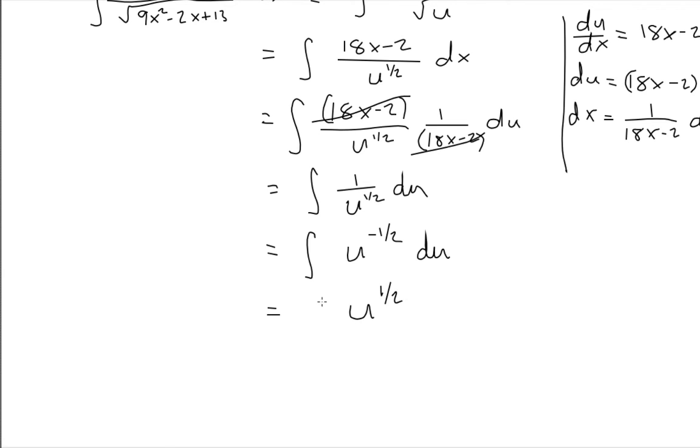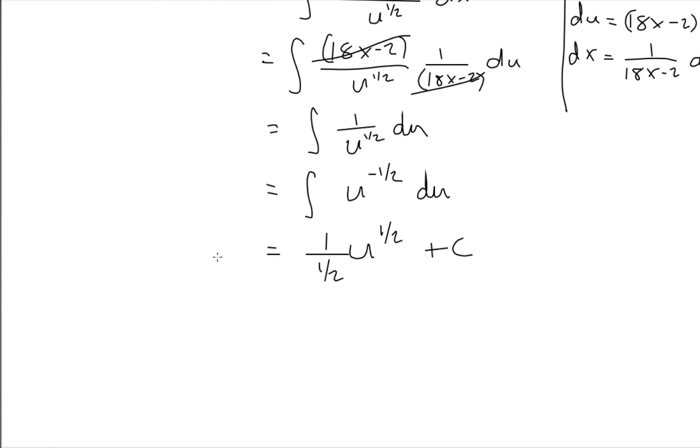Then I divide by the new exponent, which is 1/2, and then I add a constant. If I take 1 and divide it by half, this is just 2. So it's 2 u to the 1/2 plus c.